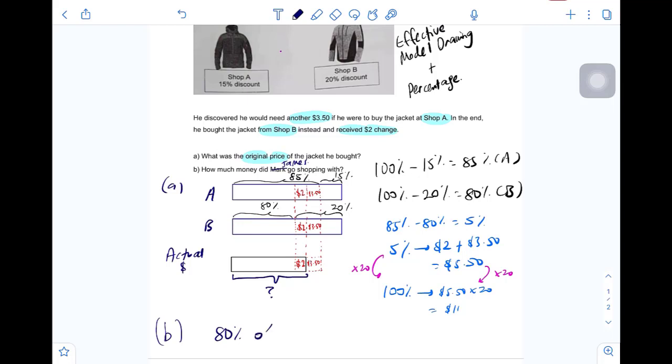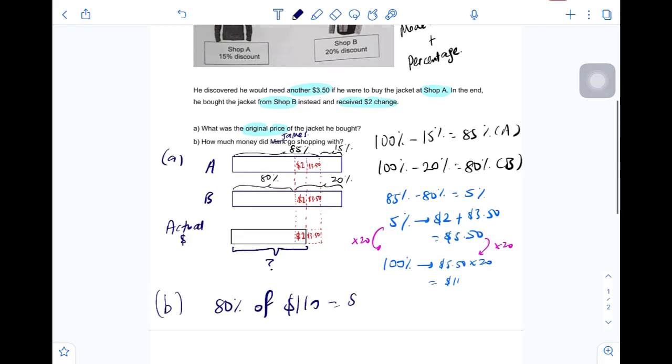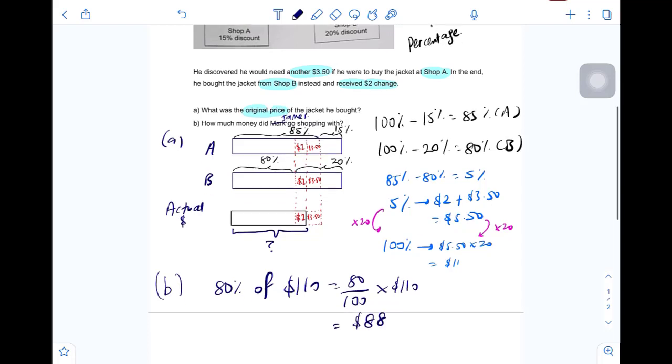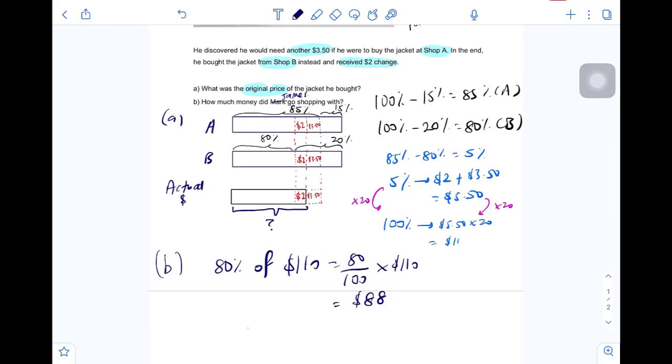So 80% of original is $110. So 80 out of 100 times $110. This will be $88. And don't forget, he paid $88 for the jacket at shop B and he got $2 change. So you add that $2 back, and you'll have an answer of $90 for this question.